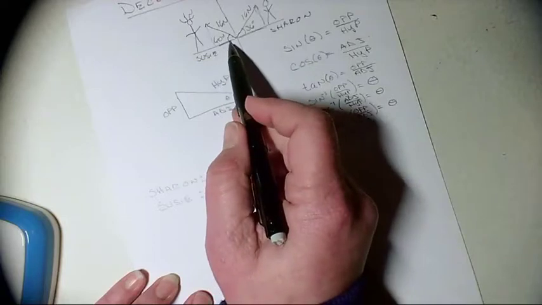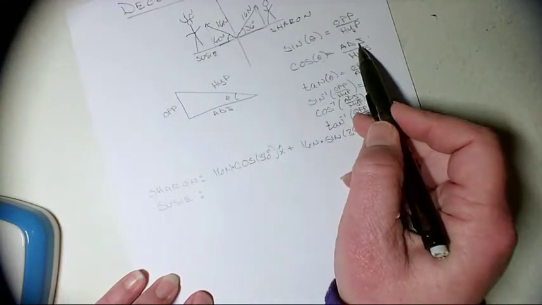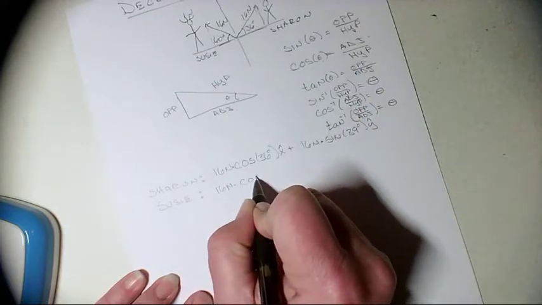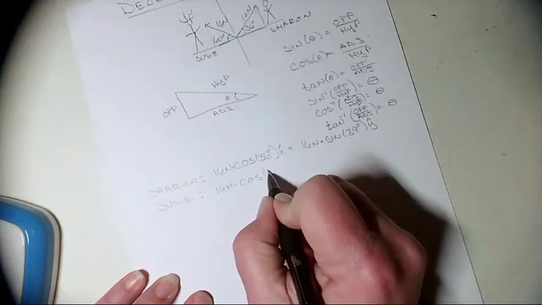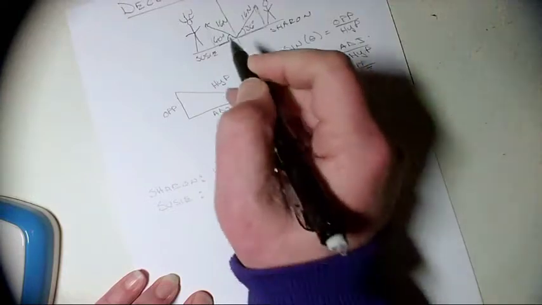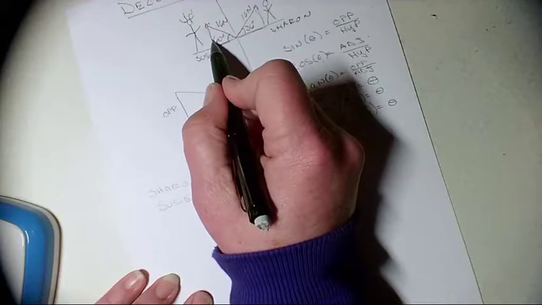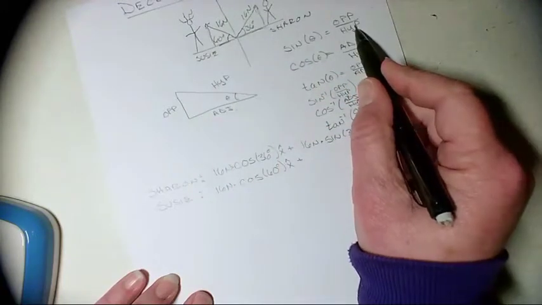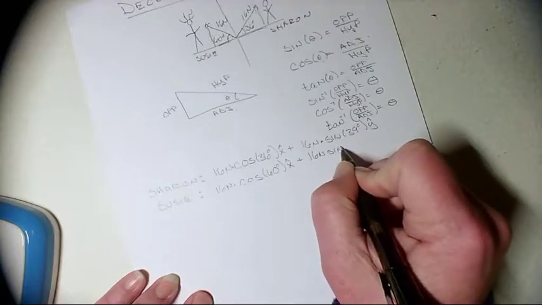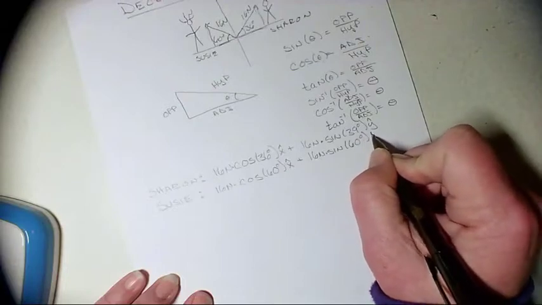This is the adjacent side to this angle, so 16 newtons times cosine of 60 degrees gives the x hat component. And her y component is right here, that part of the triangle, so opposite: 16 newtons times sine of 60 degrees gives me my y hat component.